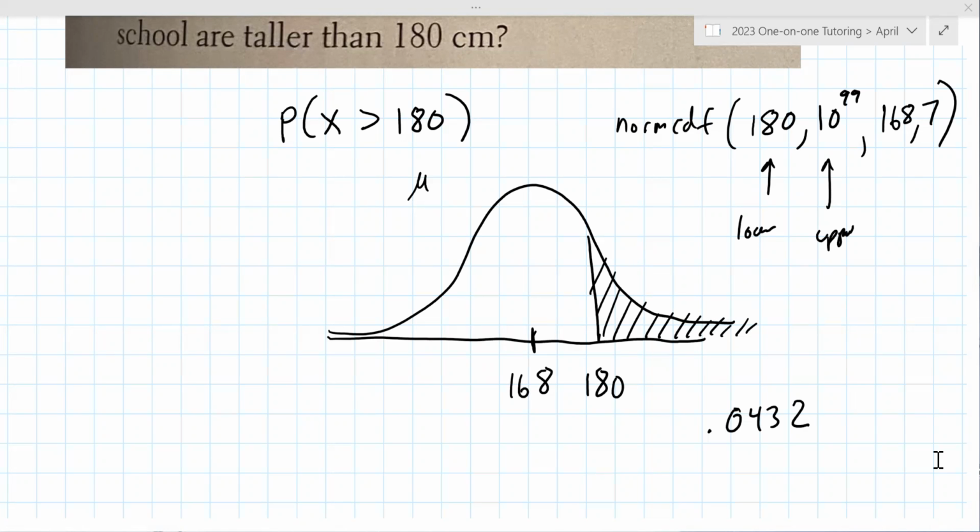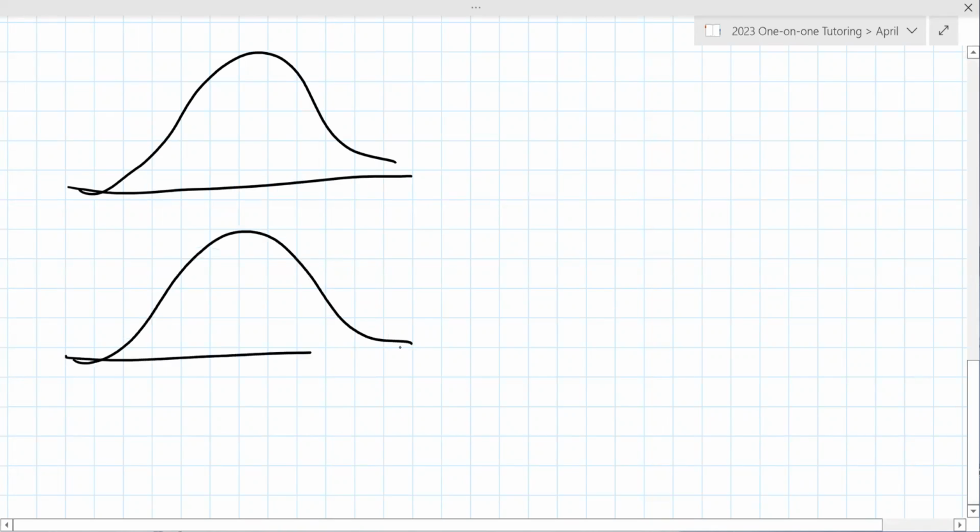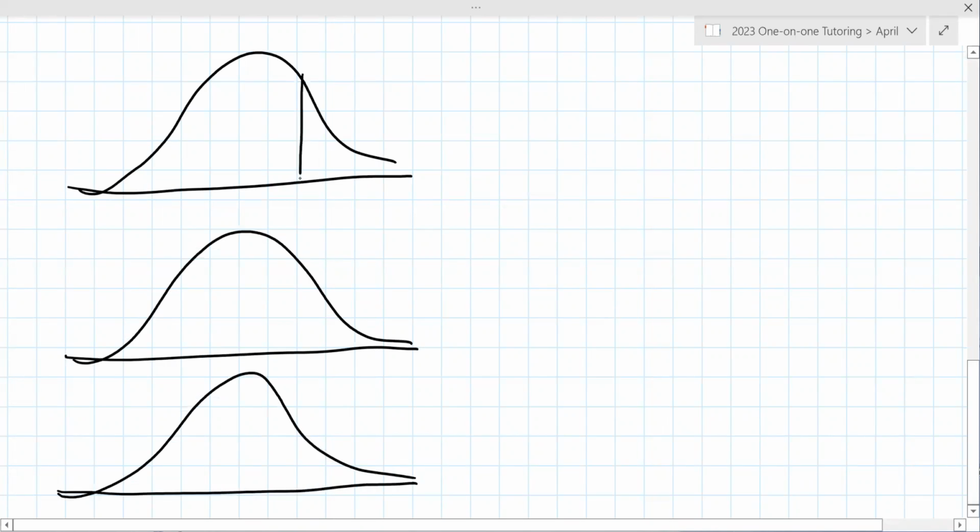It really comes down to there being only 3 pictures that you need. Let me quickly do those for you here. We've already done one of them. If you want to go greater than some number, I'll just say 180 again, you already have this one: it's 180, 10 to the 99.